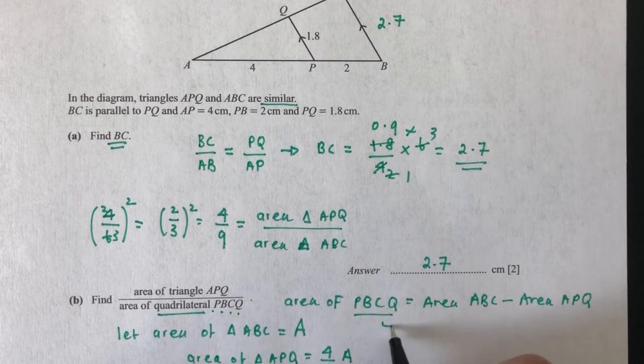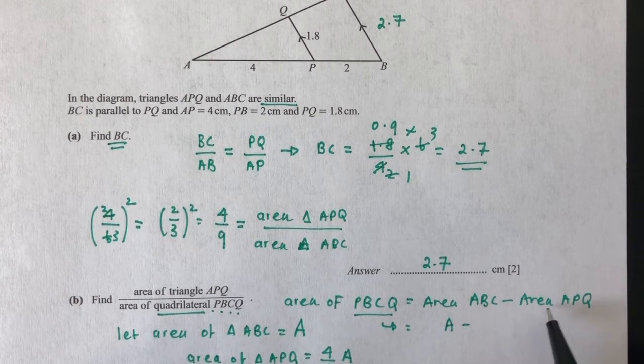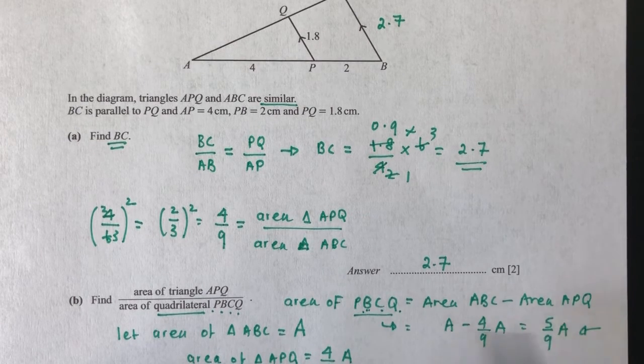Thus, area of PBCQ is A minus 4 over 9A, which is equal to 5 over 9A. Area of small triangle is 4 over 9A.